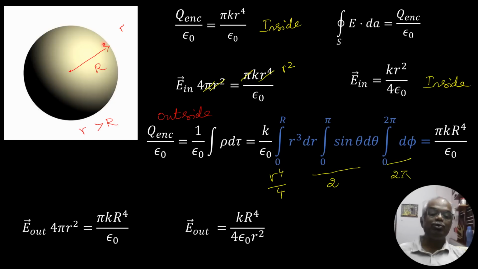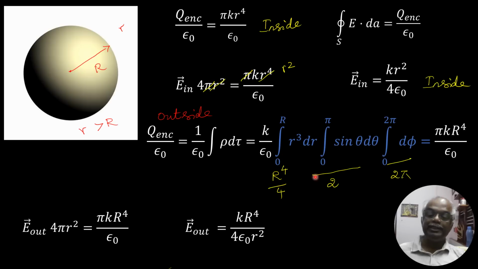Because it is outside, you have to take the entire charge, that is the charge inside the entire sphere. So the limit is not small r here, it's capital R. Sorry, here I have to use capital R, capital R power 4.